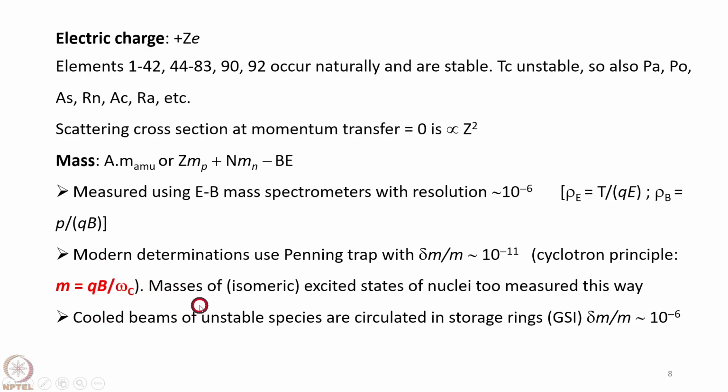And as I said already, the masses of isomeric excited nuclei have also been measured this way. This is particularly useful if you have very short-lived isotopes, when it becomes inconvenient to put them in an ion source and then do the mass measurement in a traditional mass spectrometer.